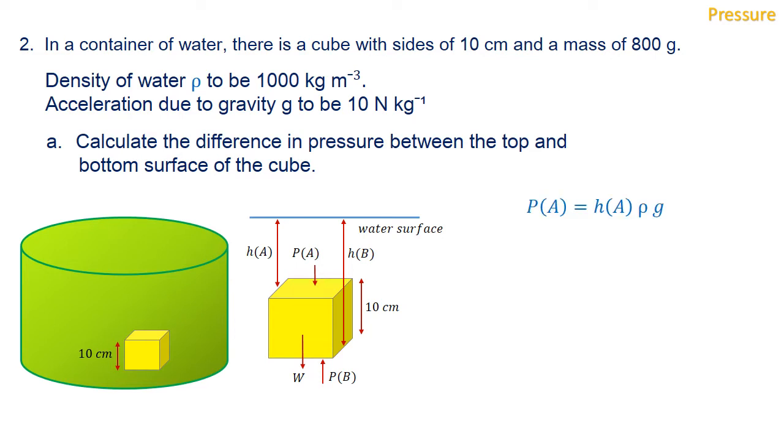PA equals HA times rho times g. PB equals HB times rho times g.